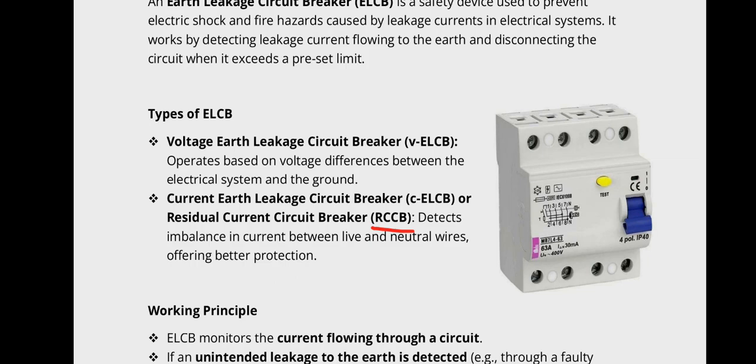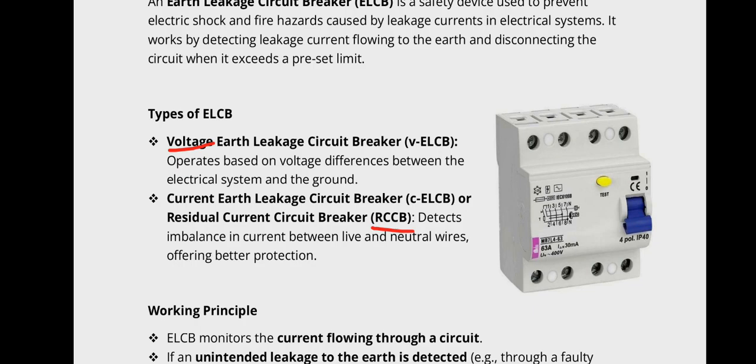So first of all, the voltage earth leakage circuit breaker operates based on the voltage difference between the electrical system and the ground. As we know, ground means zero potential or equipotential, and our equipment has some voltage with respect to it. For example, with single phase there is a voltage of 230 volt between phase and neutral, that means phase and grounding.